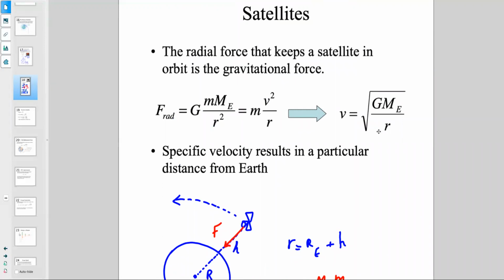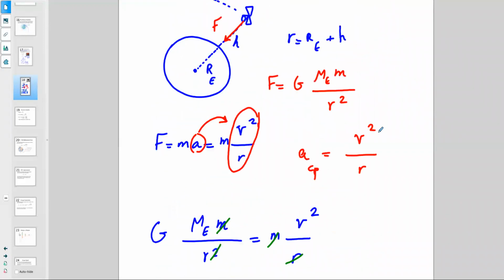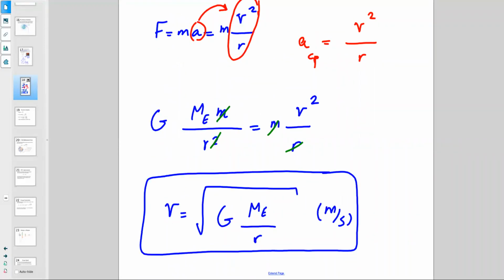So a specific velocity results in a particular distance from Earth. In other words, the only thing that causes the change in the velocity is the radius. The mass of the Earth is constant, and G is the universal gravitational constant, which does not change.